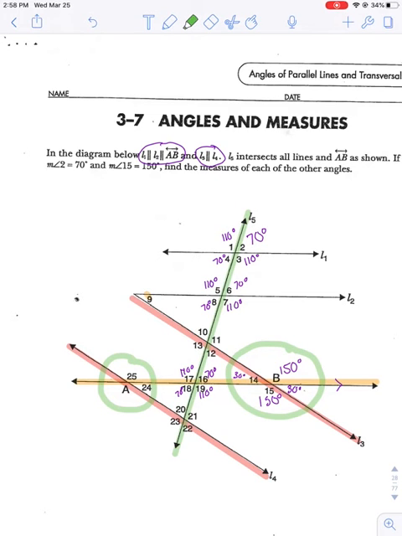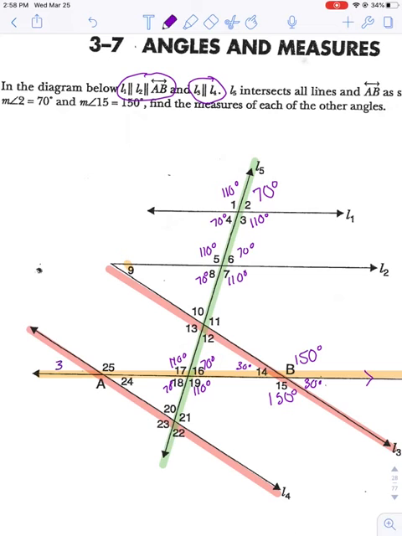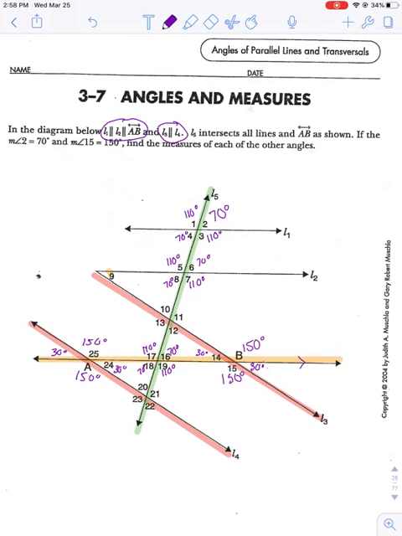I can't do that middle cluster because that was orange and green, which is why the angles don't equal each other. But I can copy my red and orange to my other red and orange. The red lines are the parallel lines and the orange line is the transversal. So I have 30 degrees, 150, 30 degrees, 150. All right, satisfied with that.